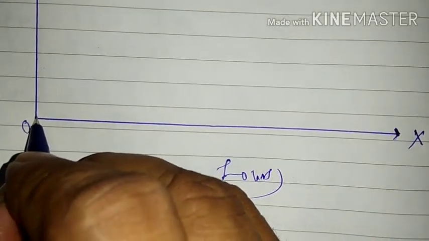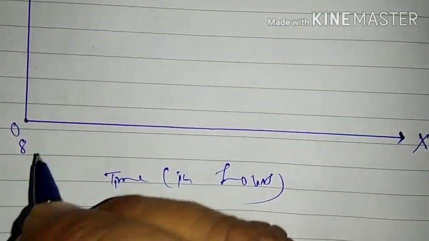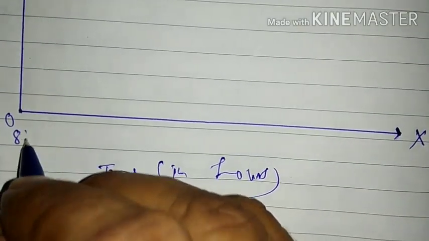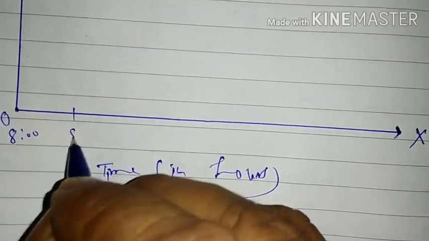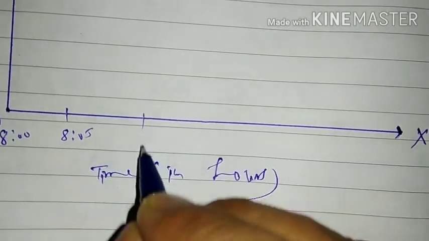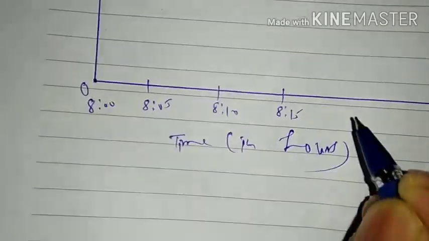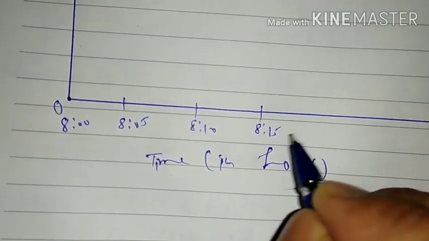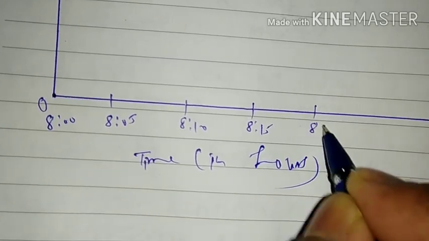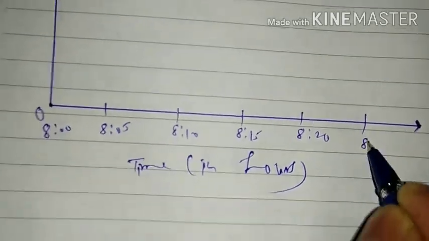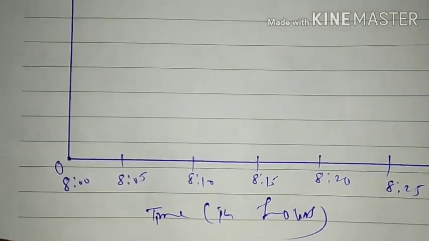Suppose the journey starts from 8 a.m. So on this origin, that is 0, 0, we take 8 a.m. Now after every 5 minutes, this is 8:05, this is 8:10, this is 8:15, equidistant scale. We take equidistant scales, 8:20 and 8:25.